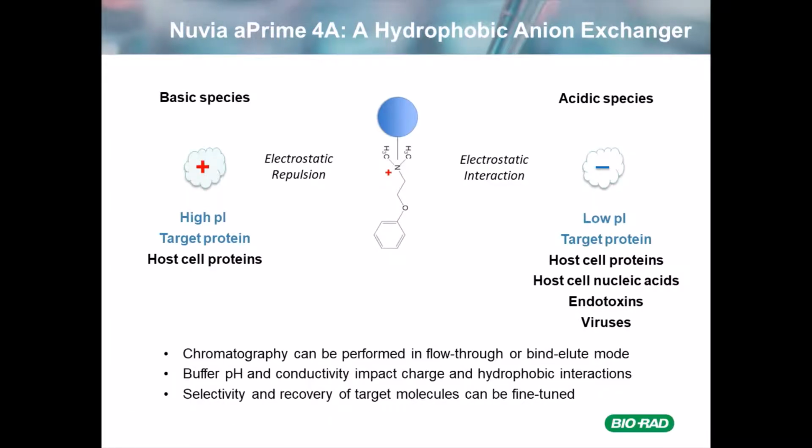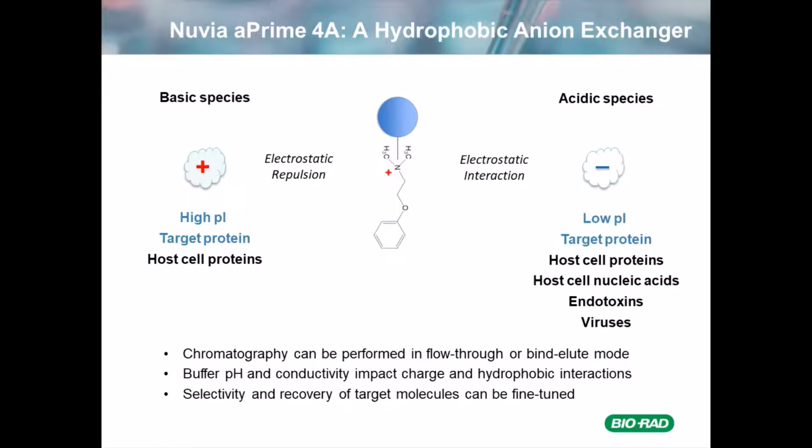How about a hydrophobic anion exchanger? The example is Nuvia aPrime 4A. Similar to Nuvia C Prime, we have a hydrophobic structural moiety built in the ligand. That's a phenyl group. And then we also have a positive charge on the ligand.